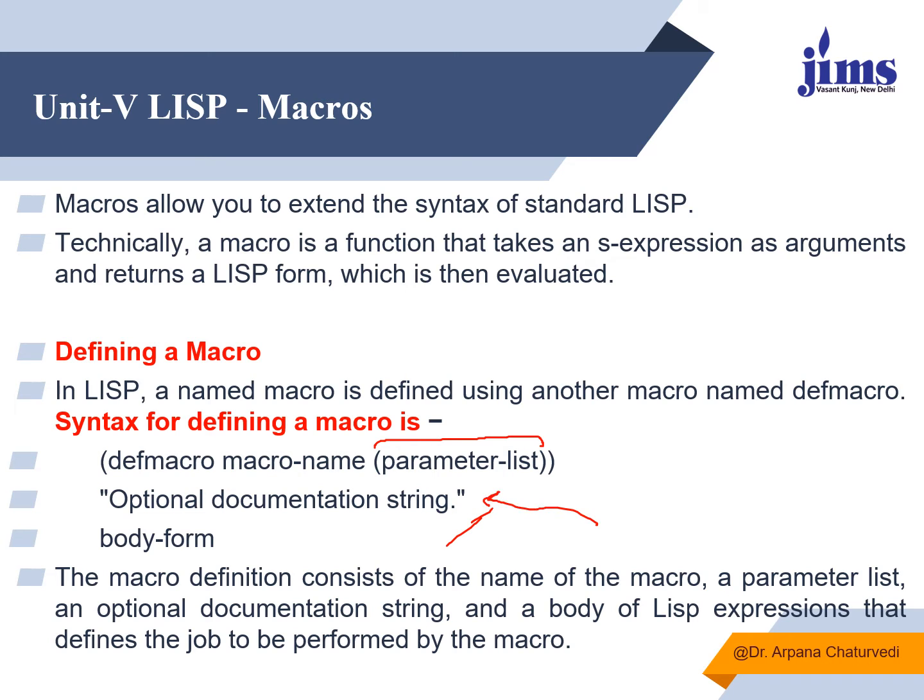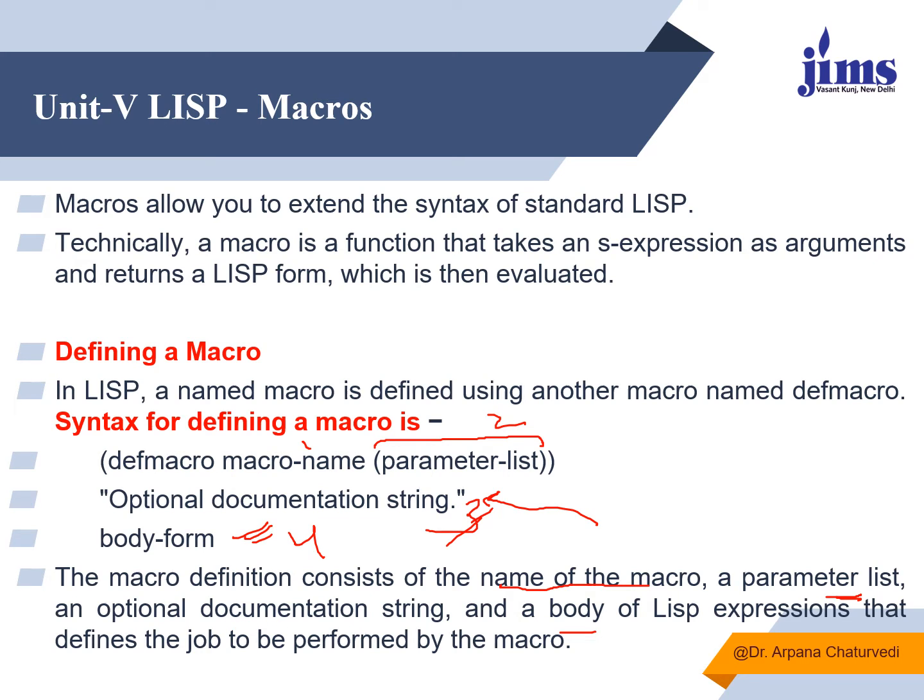If you want to put, you can put, and then comes the body form. So basically we say that a macro definition consists of the name of a macro, parameter list, optional documentation string and body. 1, 2, 3 and 4.